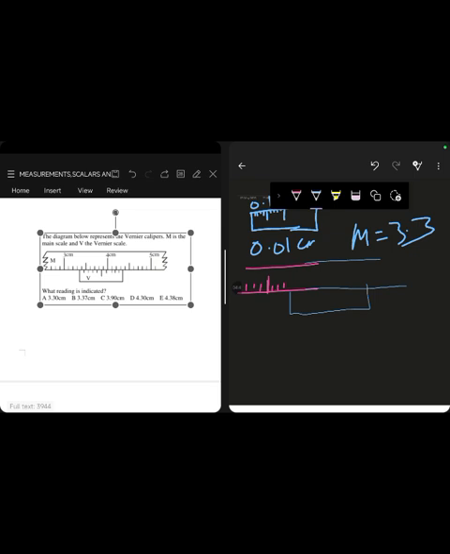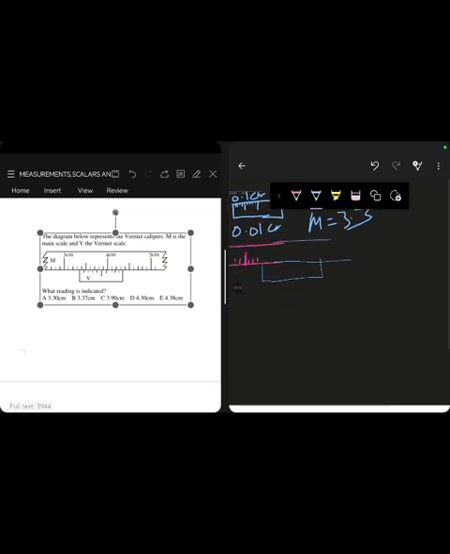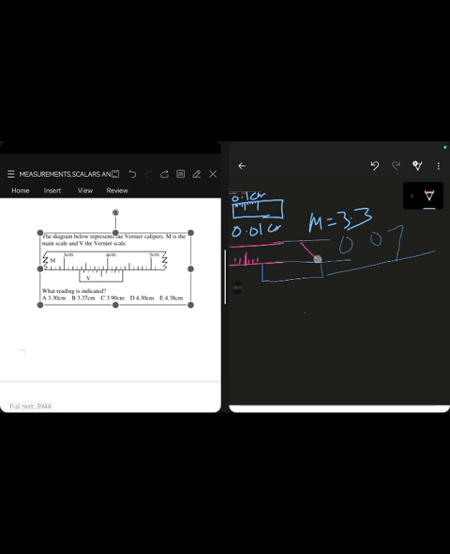So it meets it at 0.7. Remember, the degree of accuracy is 0.01 centimeters, so it's going to be 0.07. Adding it together, what's going to be the reading of this vernier scale? It's going to be the main reading plus the vernier scale reading, which is 3.37. And in this case, this is option B.